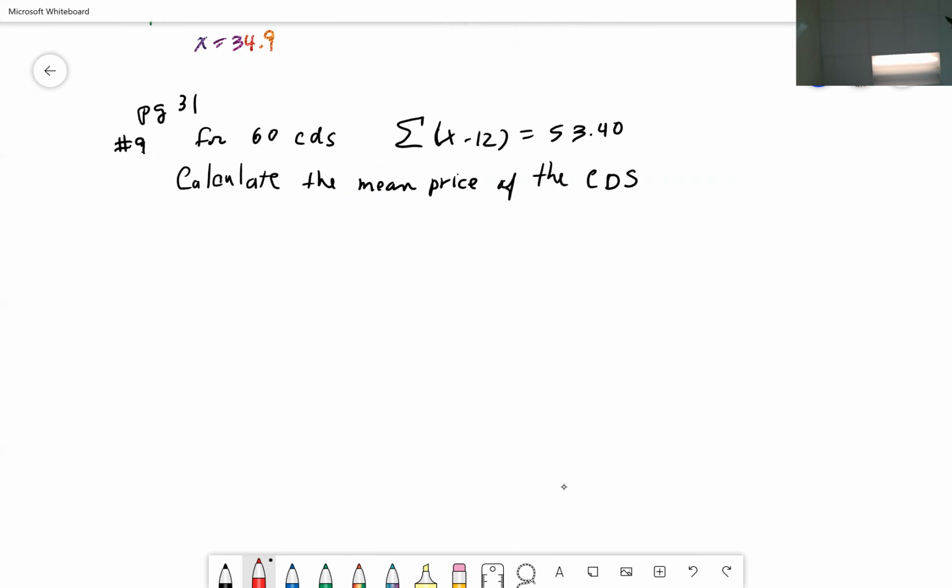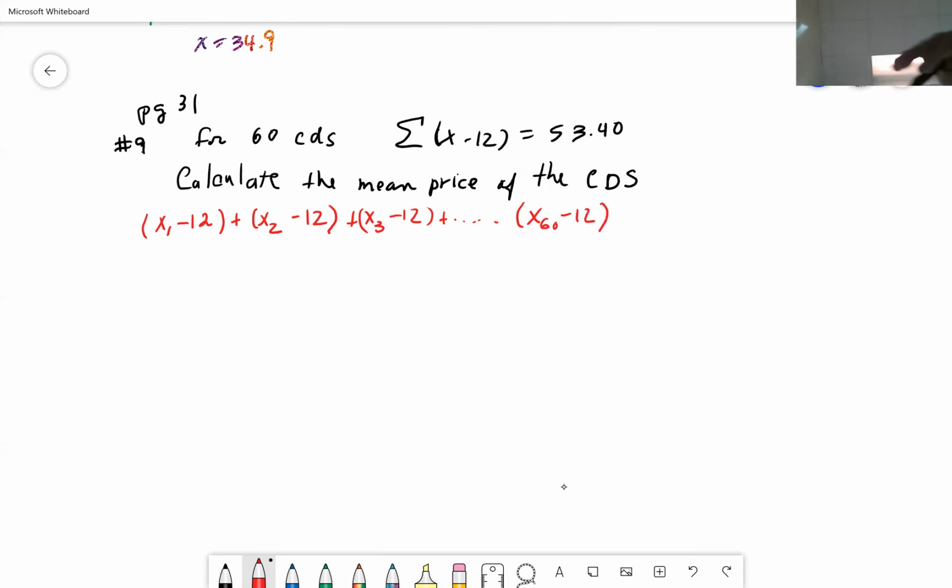It's quick. You got one CD, first CD's price. You subtract 12 from it. All right. Then you do the next CD. You subtract 12 from it. Then you do the next CD and you subtract 12 from it. And you continue doing this until you get to the 60th CD and you subtract 12 from it.